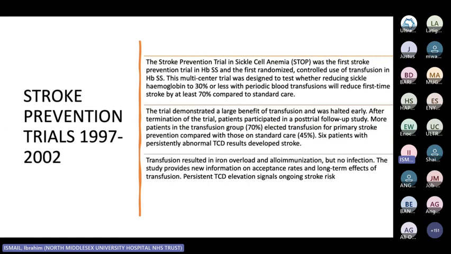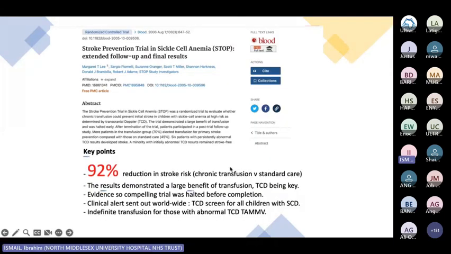The study provided new information on the acceptance rate and long-term effect of transfusion, persistent TCD elevation signaling ongoing stroke risk as well. So this was the actual trial, and I recommend all our viewers and colleagues to log on and research these trials as well.